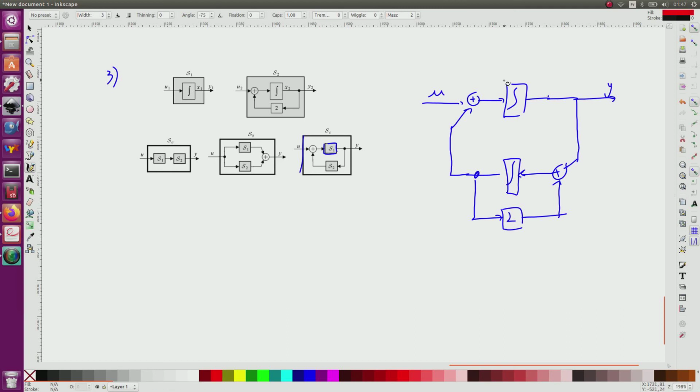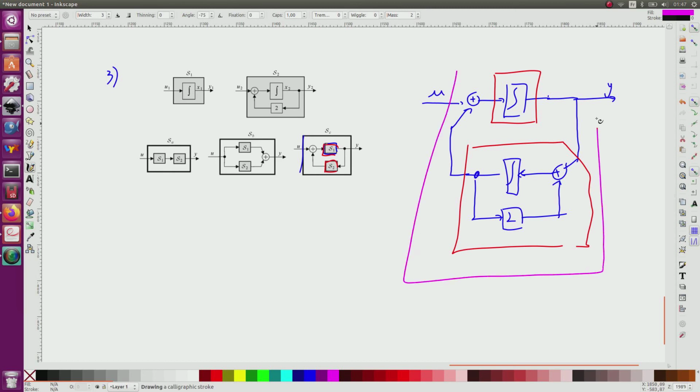So this one corresponds to S1, this one corresponds to S2, and this one corresponds to SC.